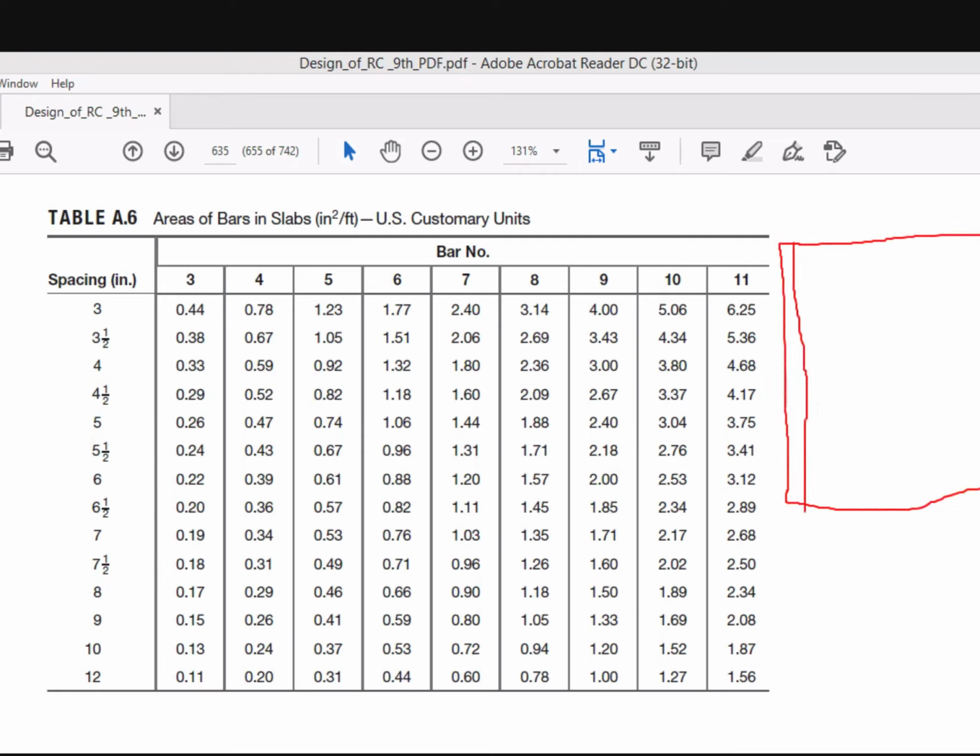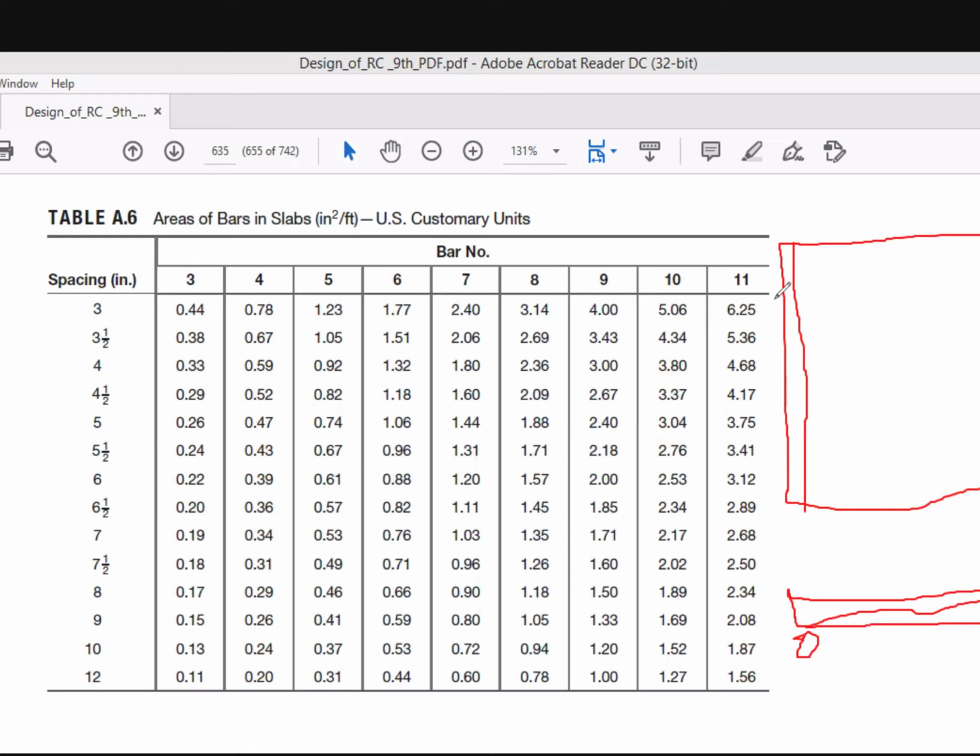One beam here and one beam here. So the cross section of my slab is gonna look like this. Then this is my support and this is my support. Let me draw another line here.